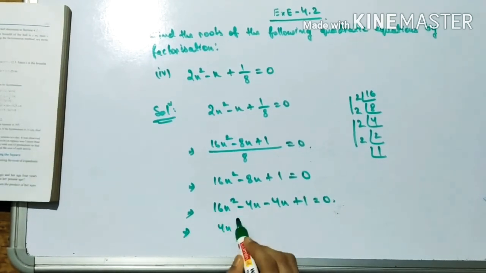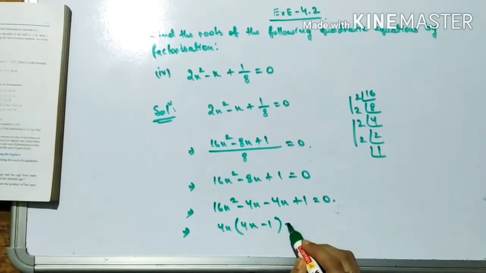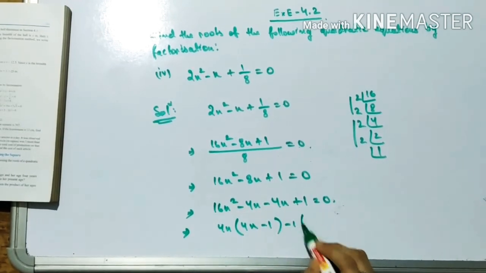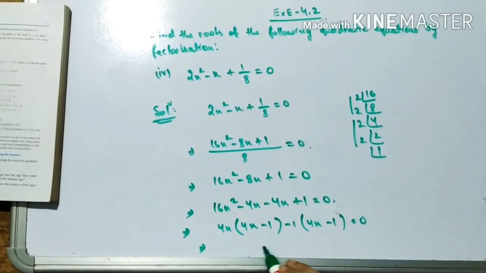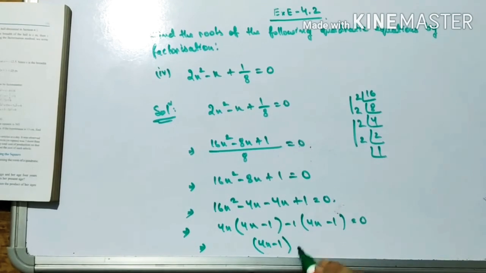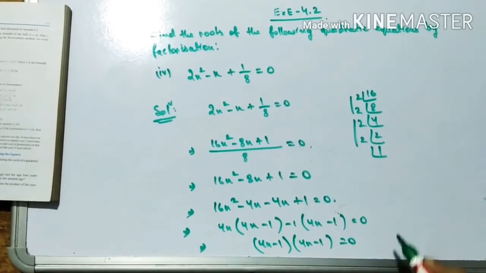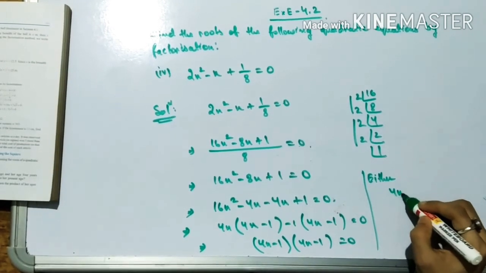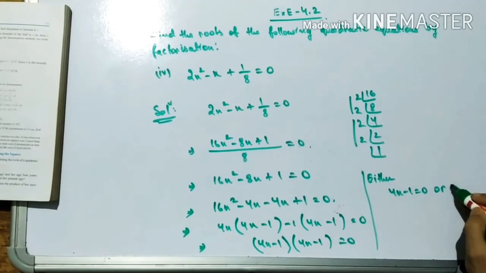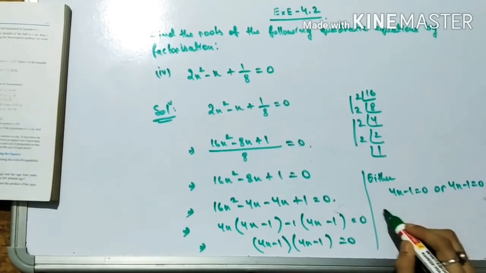So from here I can take 4x common. I will get 4x minus 1. From here minus 1 I can take common. So 4x minus 1 equals to 0. Now 4x minus 1 I can take common. So inside, what will remain? 4x minus 1 equals to 0. So now I can say that either 4x minus 1 equals to 0 or 4x minus 1 equals to 0.